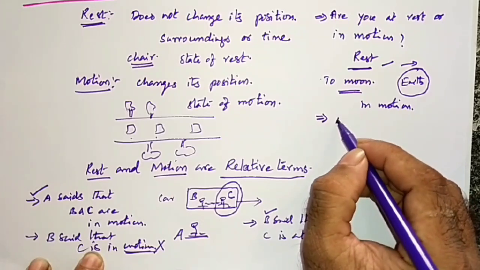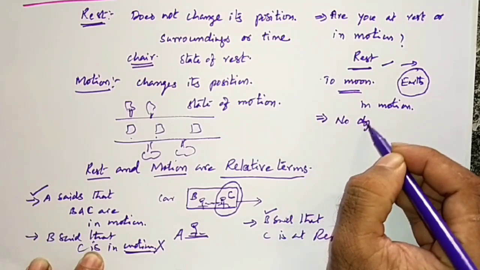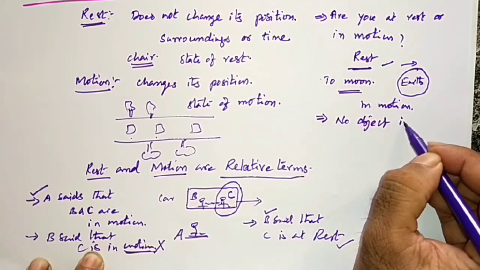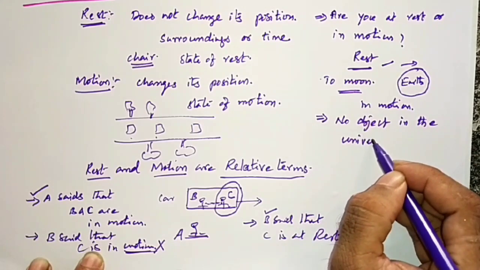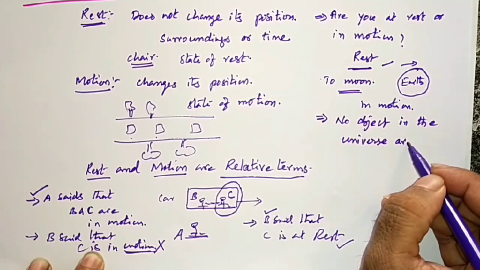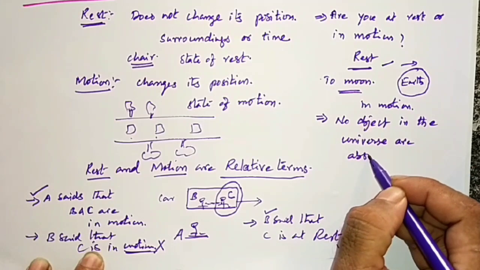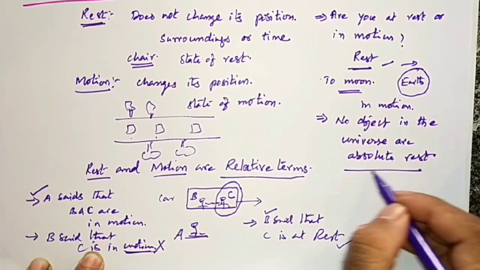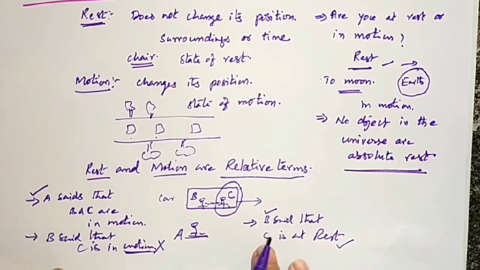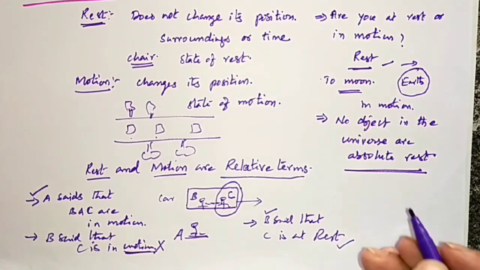But no object in the universe is at absolute rest. Absolute rest, what does it mean? In this universe, no object is at rest.